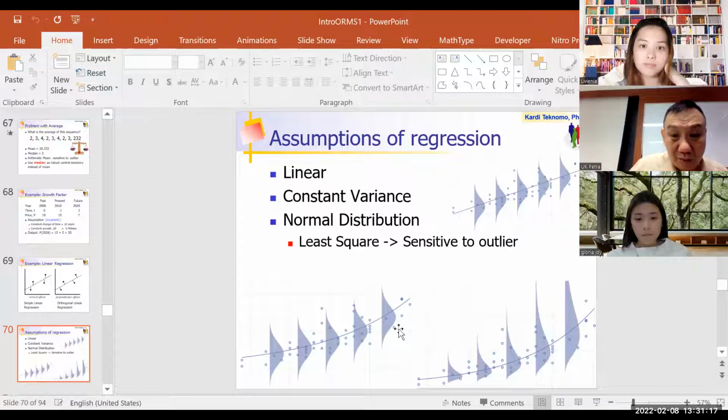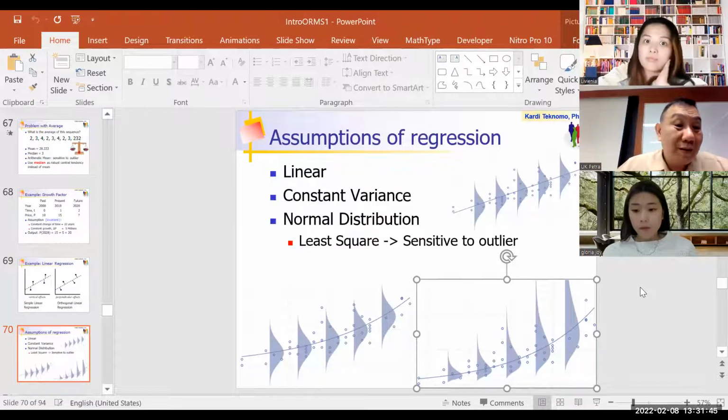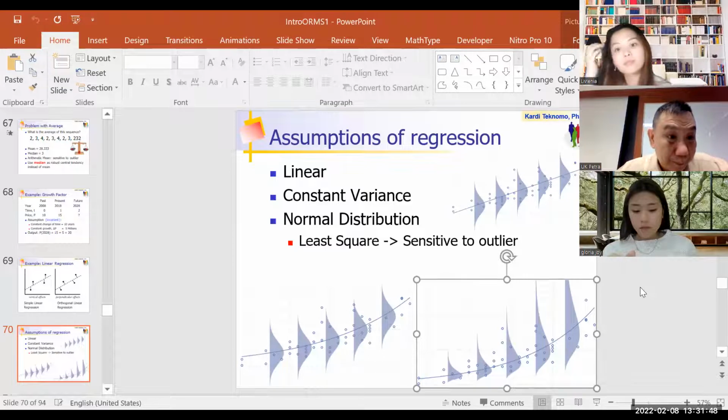You see the drawing: the variance is not constant. In fact, it is also not normally distributed. The third assumption is normal distribution. So if you have a model like this on the right side, you cannot use simple linear regression. You use another model that doesn't have the assumptions of simple linear regression.